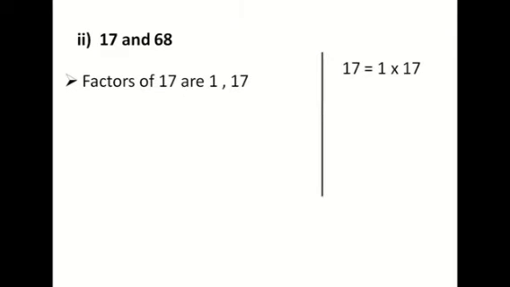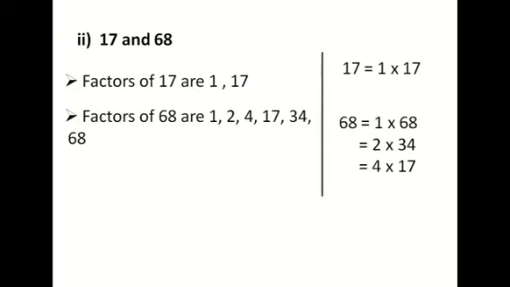Have you done? If you have done, please check it here. For 68, 1 68s are 68, 2 34s are 68, 4 17s are 68. So factors of 68 are 1, 2, 4, 17, 34 and 68. Now you have to find the common factors.